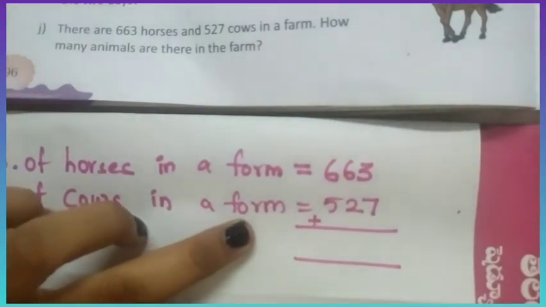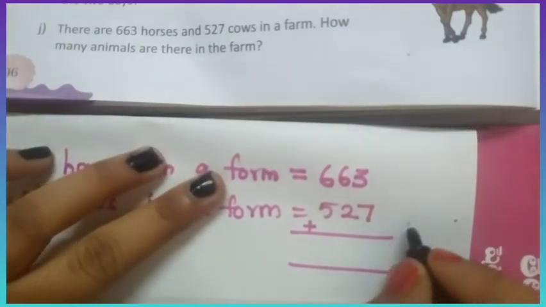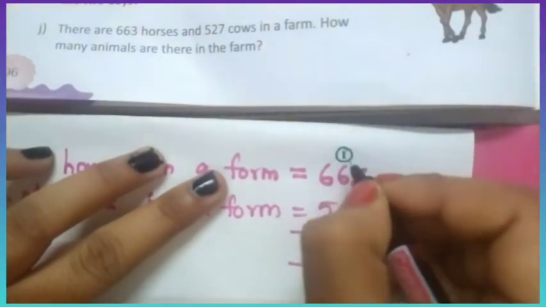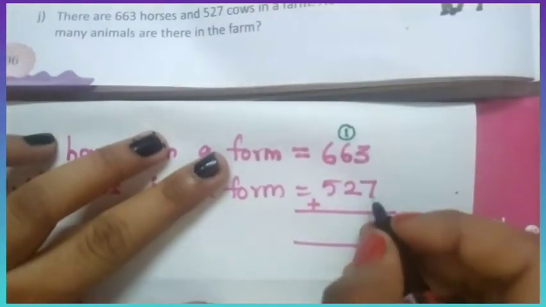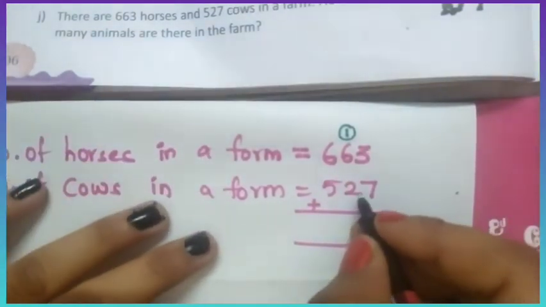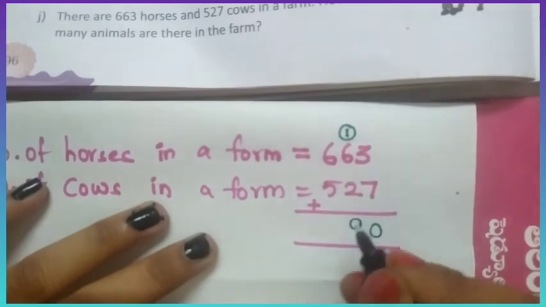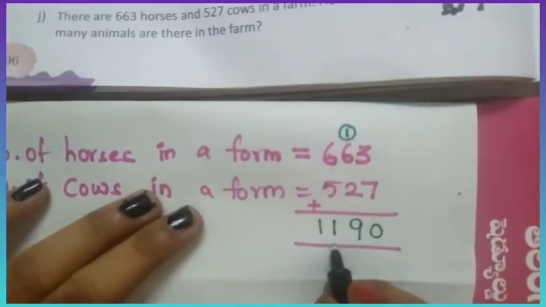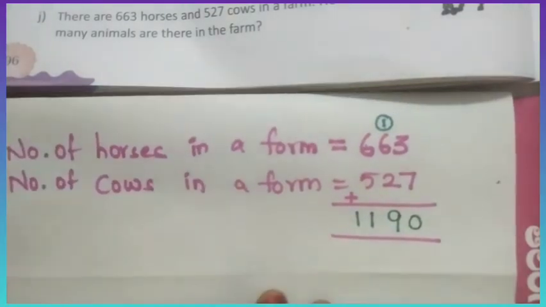Look, 3 plus 7, 10. 0 here, 1 taken as carry. 6 plus 1, 7. 7 plus 2 is 9. Next 6 plus 5, 11. 1190 animals.